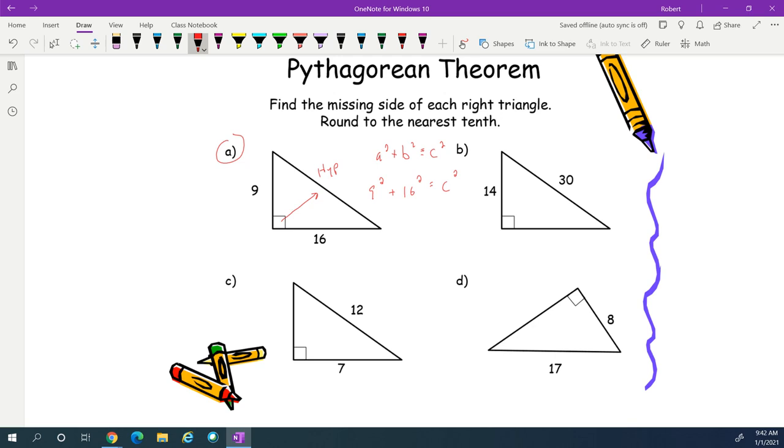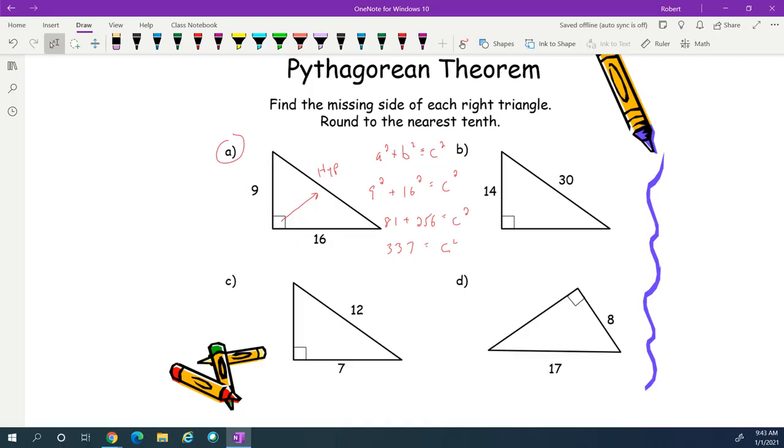So we're going to just do some quick math here. We have 9 squared for 81. 16 squared is 256. And that equals c squared. Of course, we're going to add 256 and 81 for 337 equals c squared.